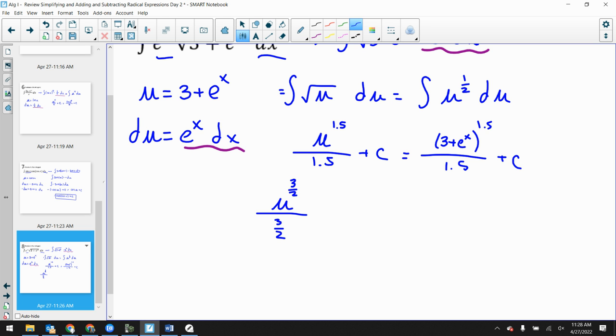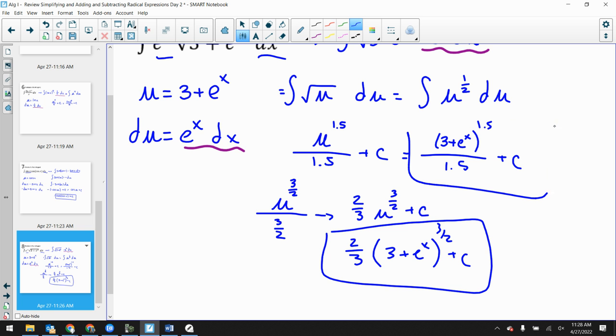Divide by the reciprocal or multiply by the reciprocal. That would turn into 2/3 u to the 3 halves plus c, which is what you see in the key. 2/3 of 3 plus e to the x to the 3 halves plus c. And that's the answer you see in the key. These two statements are equivalent.